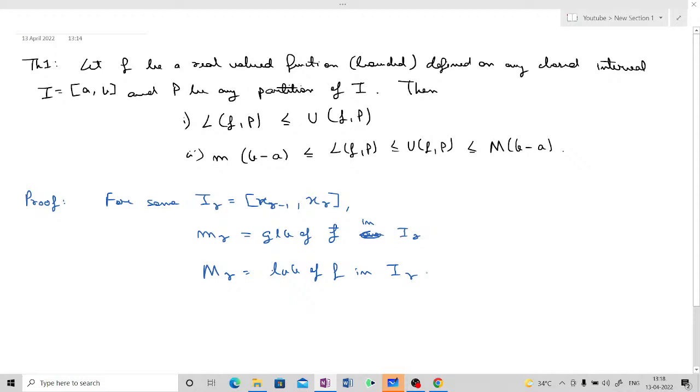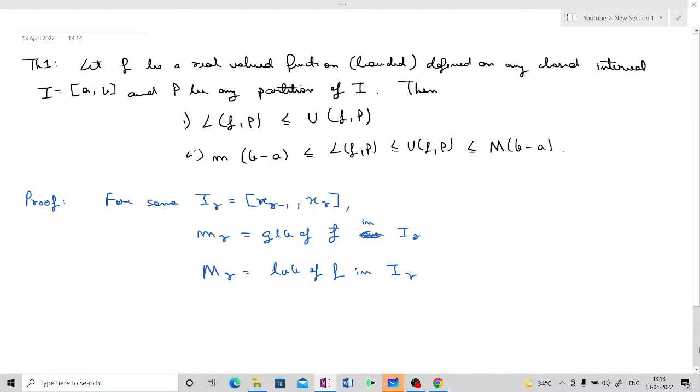Clear? We have discussed this in the previous lecture. So the greatest lower bound of the function f in the interval I_r is small m_r, and capital M_r is the LUB of the function in I_r. Clear?